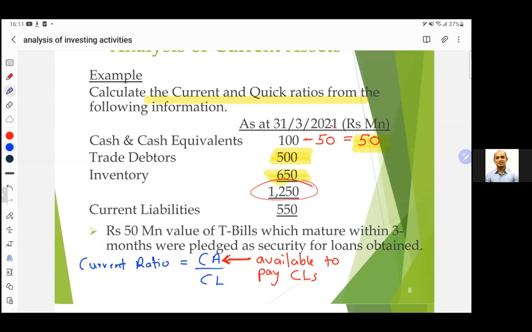You see, current assets available to pay current liabilities are only 1200, divided by current liabilities 550. So you get the current ratio.